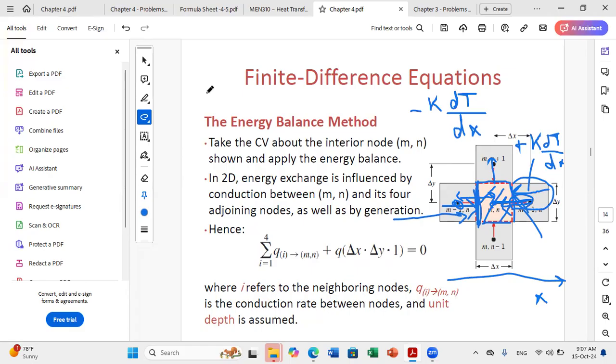If you work in 2D, you can consider that the depth is 1. So what will be the generated heat? It will be q dot times volume. What is your volume here? It's delta x times delta y times 1. So what will be the general equation? The sum of conduction fluxes from the different faces plus the generated rate equals 0.